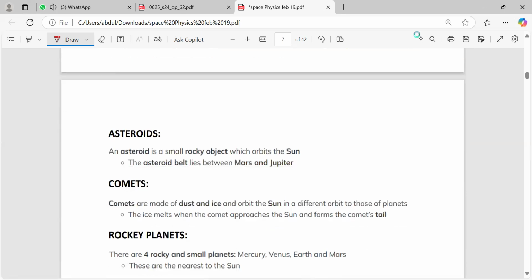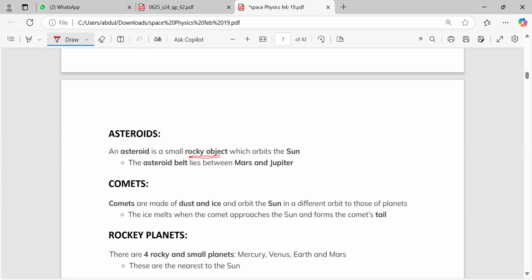Not a big deal. Now, asteroids. An asteroid is a small rocky object which orbits the sun.